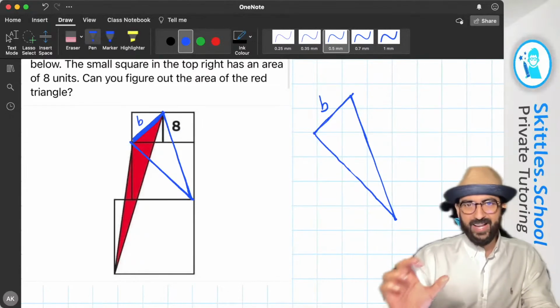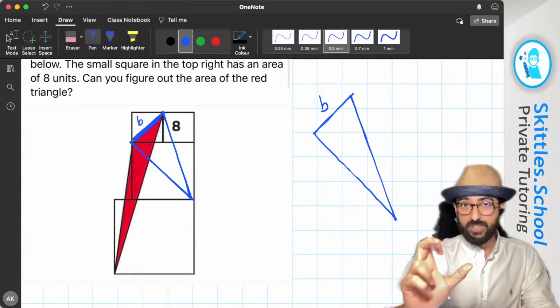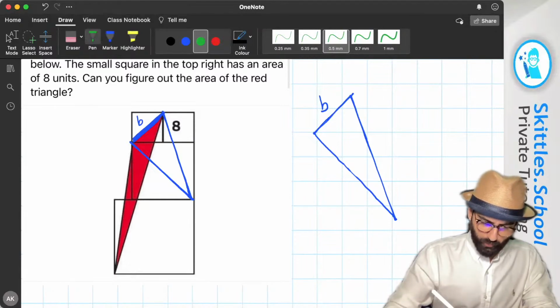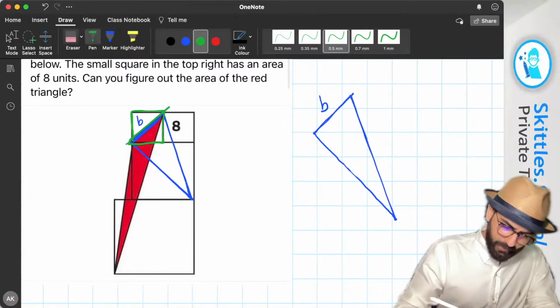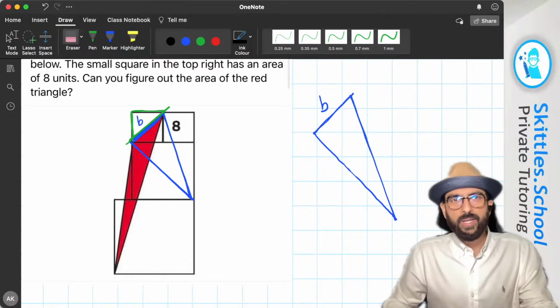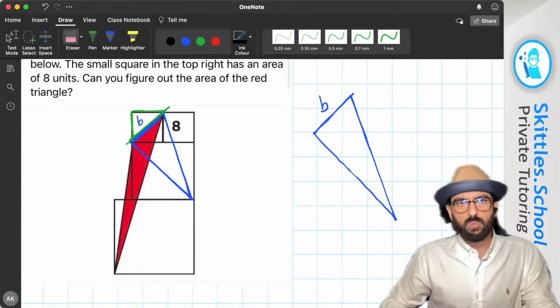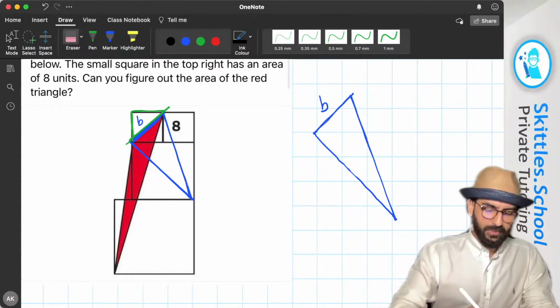Well, that base is actually the diagonal of the small square. So how do we work out the diagonal of a triangle which we know the 2 sides of? Well, it's Pythag. So we can use Pythagoras' theorem.